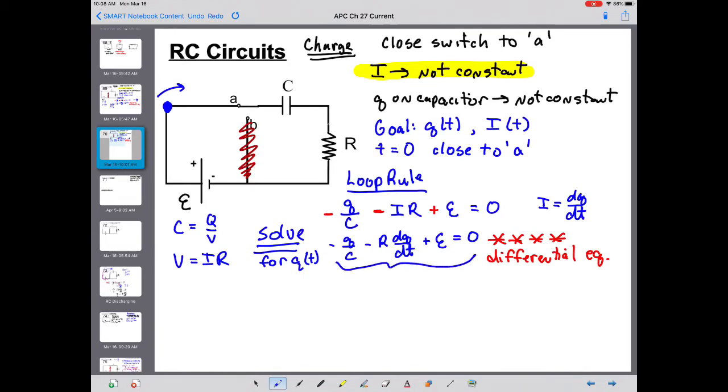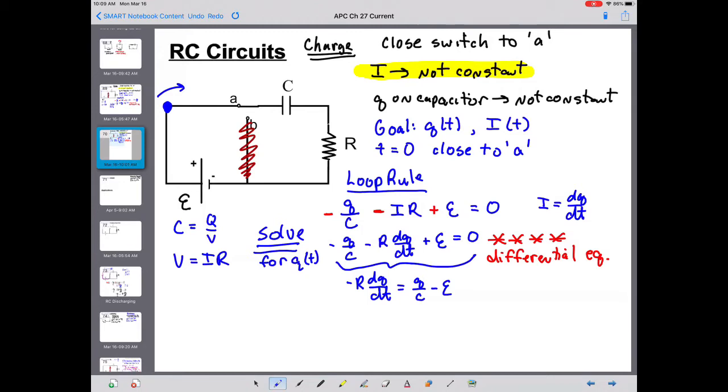So with this differential equation, to be able to do that, I'm going to do some algebra. First, I'm going to look at isolating the dq/dt onto one side. So I'll have negative R dq/dt on one side, and then move everything else over to the other side, so then I'll have a positive q over C minus the EMF.